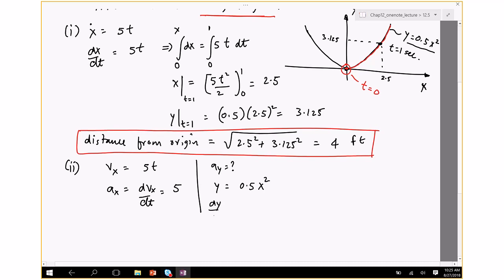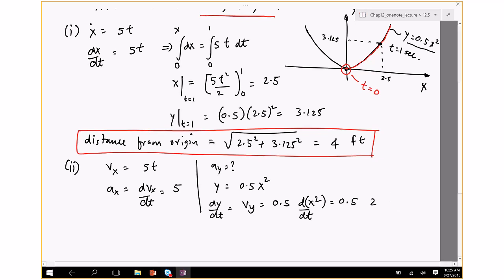Let's take the derivative of y. So dy dt, that is vy, equals 0.5 d dt of x squared. Okay, the way you do this derivative is you get 2x dx dt. If you take the derivative of x squared with respect to x, it's 2x, but that's not the full answer.